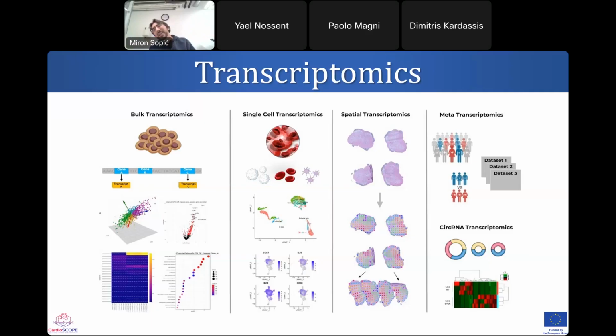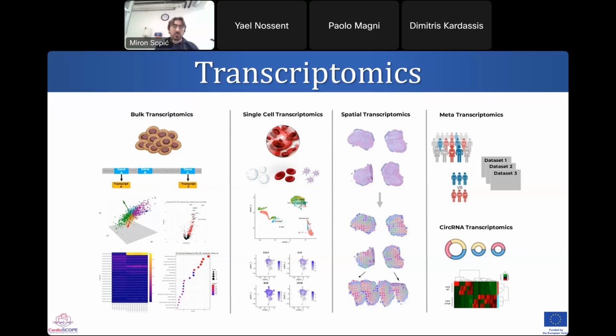And then this led to another application, which is currently, I would say, maybe the most expensive and also the latest evolutionary advancement of the technology. It's spatial transcriptomics, where you combine a spatial approach with transcriptomics, and you get the information of particular genes and their enrichment in specific parts of the tissue.